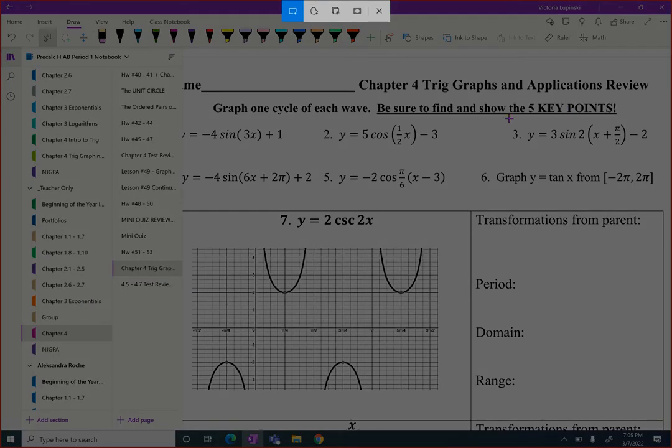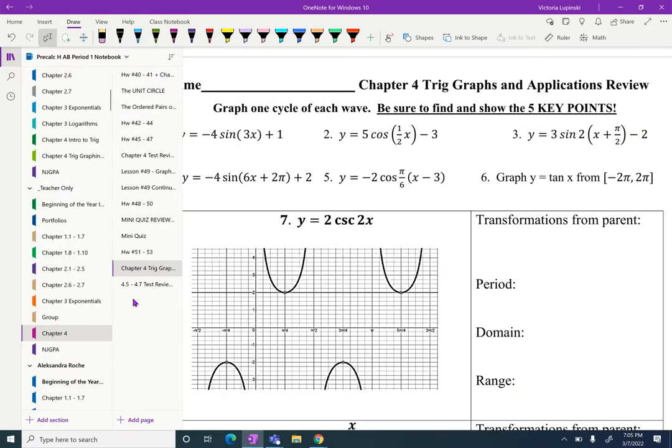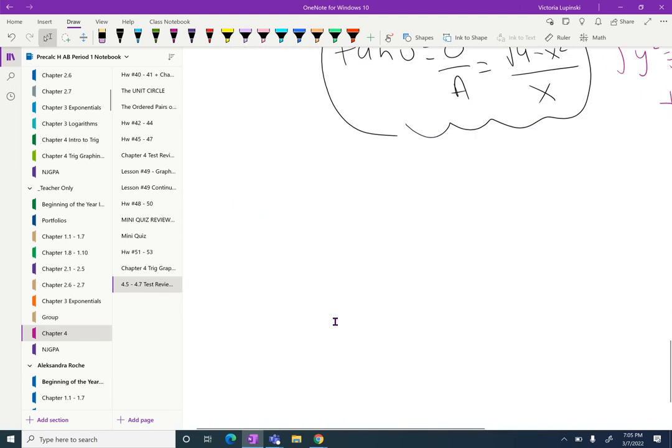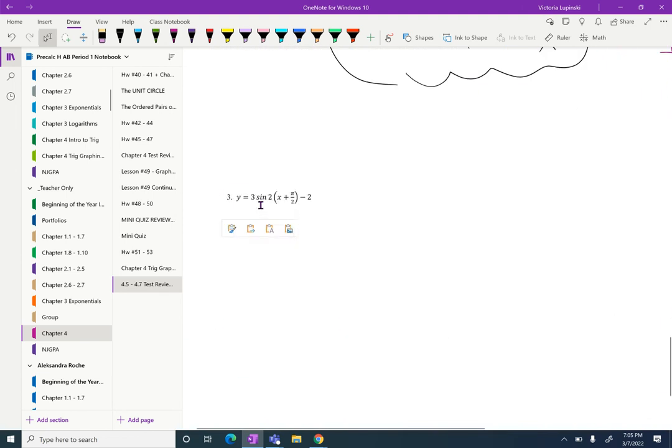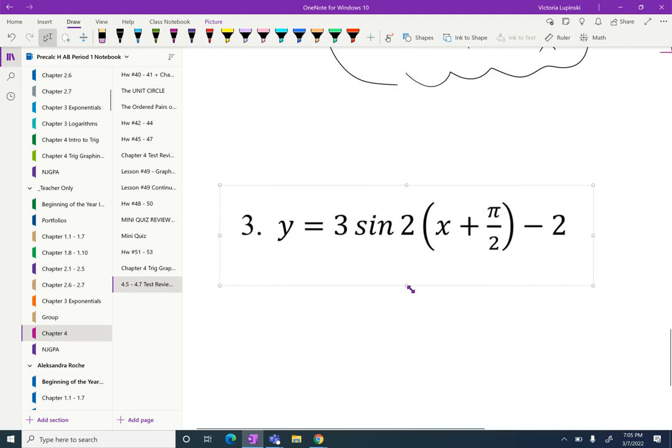They're all probably just as good, but let me do number 3 here, just to make sure you understand what it is I'm looking for. So if I'm going to do number 3, hopefully you are able to tell me that this is the A, this is the B, this entire thing, including the positive, is the C, where this is the D. So the amplitude is 3, the midline is -2.